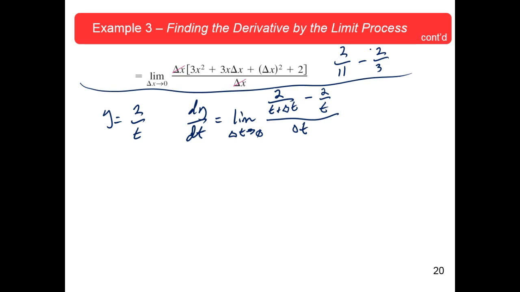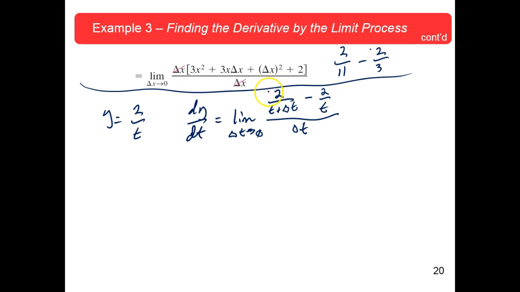What's the least common denominator? 33. How'd you get it? Multiply them together, because there's no common factors between the two. So this one, we multiply together. Okay? So your least common denominator is going to be t times t plus delta t, right? So what are we going to do with that?